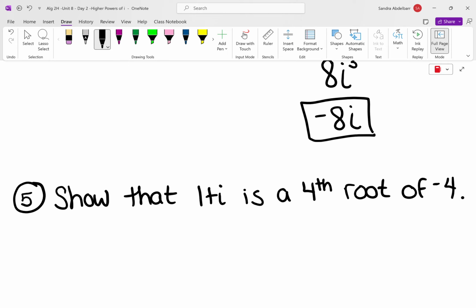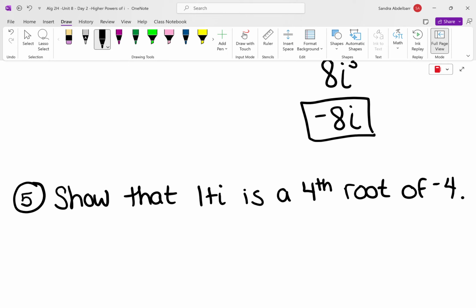Okay, forget all these i's. Do we all agree that 2 is a 3rd root of 8? Yeah, what does that mean when I say 2 is a 3rd root of 8? It means that 2 times 2 times 2 is 8, right? 2 is a 3rd root of 8, so 2 times itself 3 times gives us that 8.